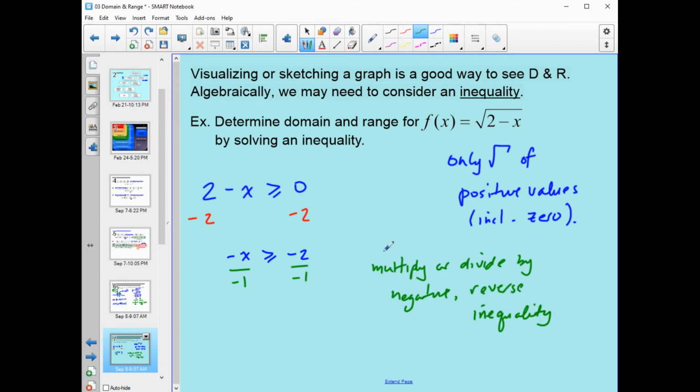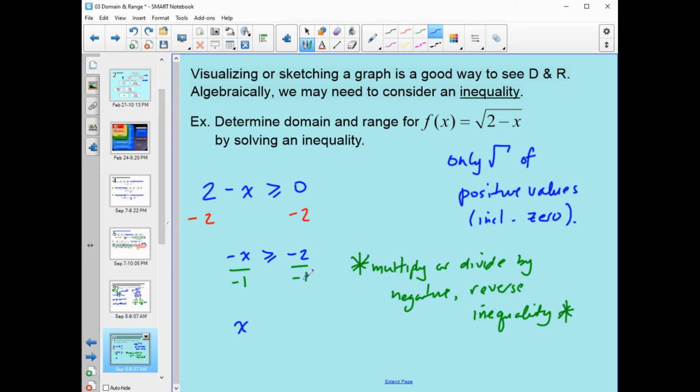And that's it. That rule for when you're doing simple arithmetic, add, subtract, multiply, or divide, that's going to allow you to solve simple little inequalities like this. And this is actually much quicker and much easier than sketching out the transformations as I showed you on the previous slide. Negative x divided by negative 1 becomes positive x, which we want.